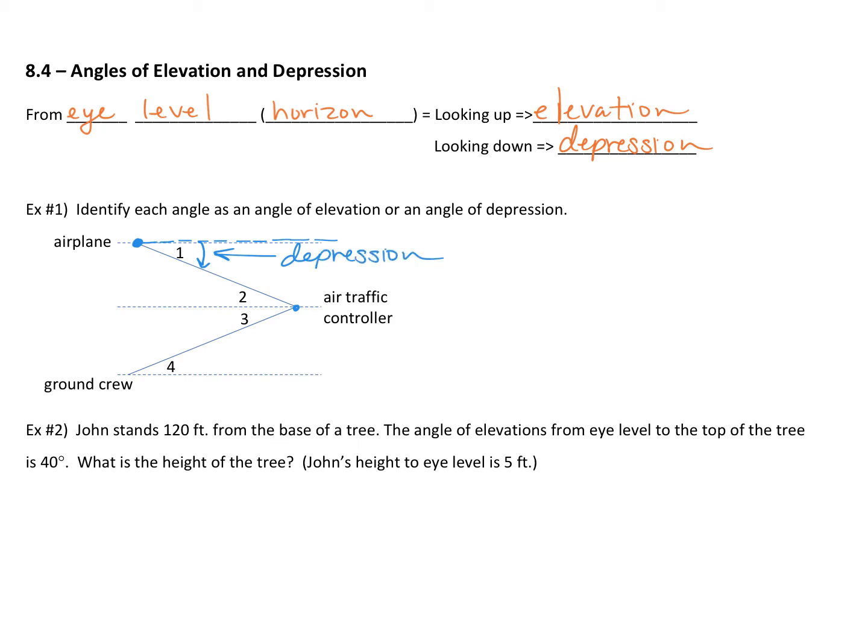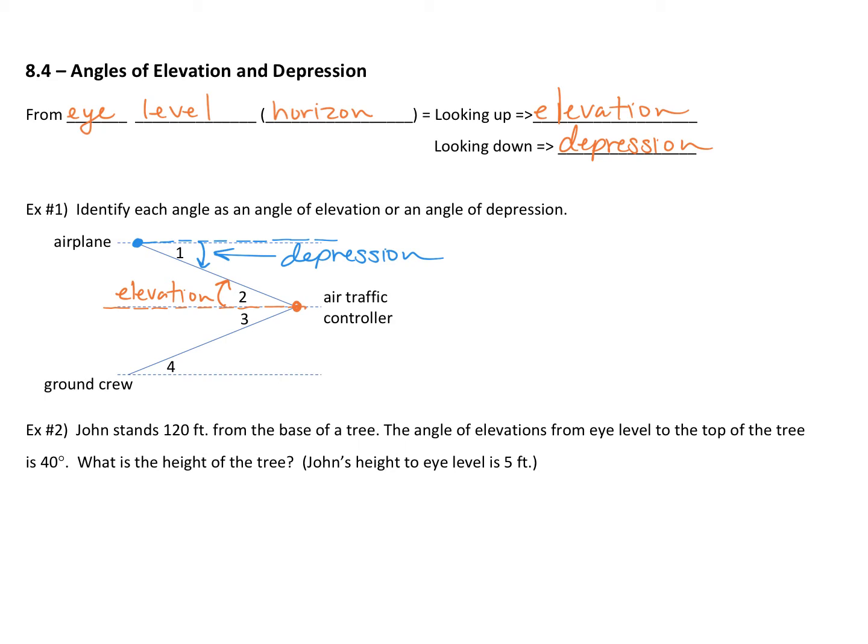Now you're the air traffic controller. Now you're here. Your horizontal line of sight is right here. If you're going to look at the airplane, are you creating an angle of elevation or depression? Elevation, right? They had to look up. So angle 2 is an angle of elevation.